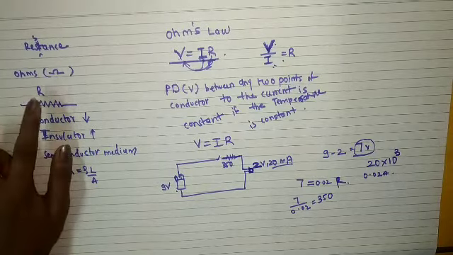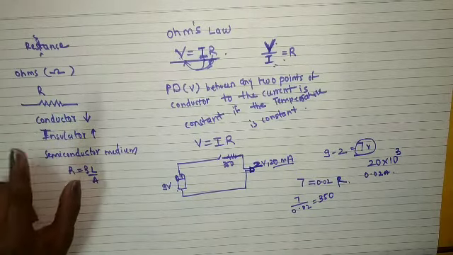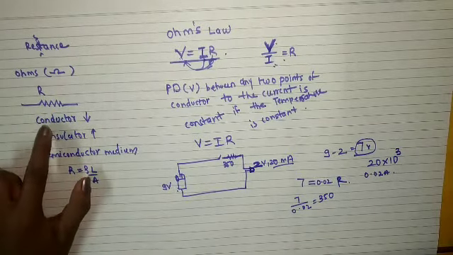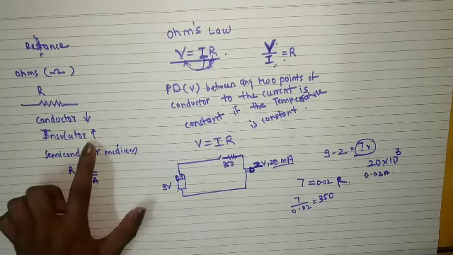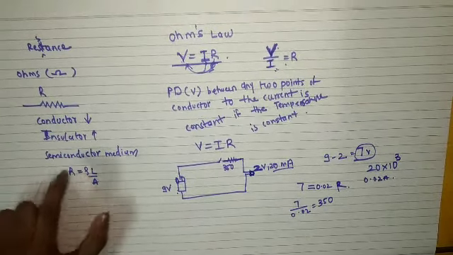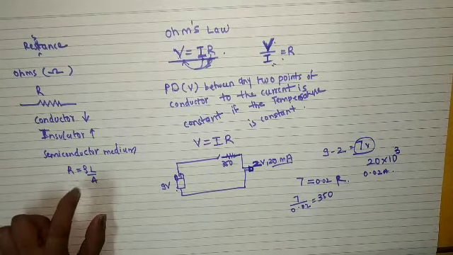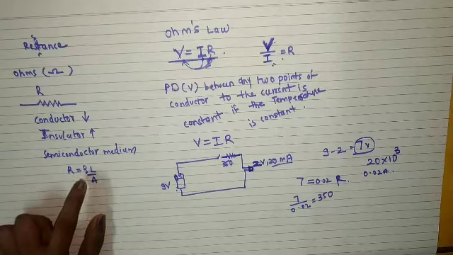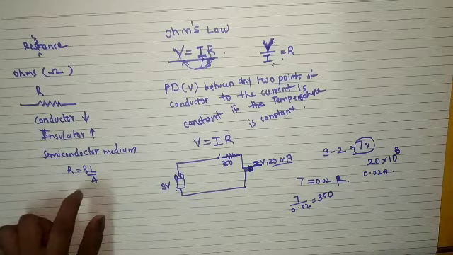Its symbol is R. Resistance of a conductor is less, of an insulator is high, and of a semiconductor is medium. And the mathematical expression is R is equal to rho L by A, where rho is the resistivity, L is the length, and A is the area of cross section.